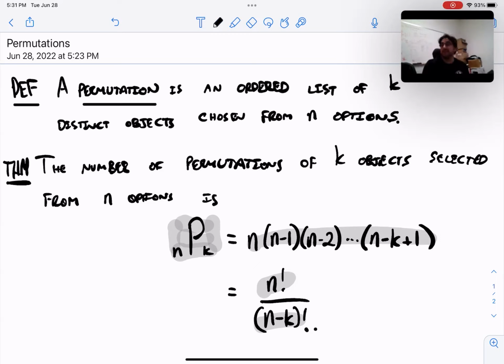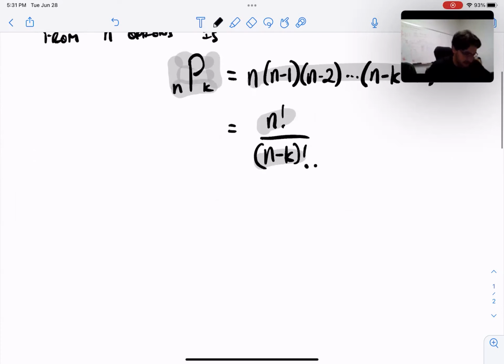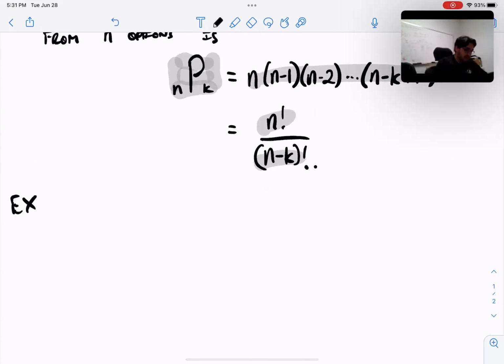Let's see all of this in an example. So let's see how this all looks in a very small concrete case where we can list everything out. So let's say we have 4 albums in a car for a road trip.